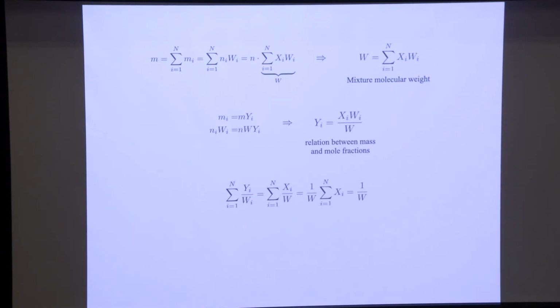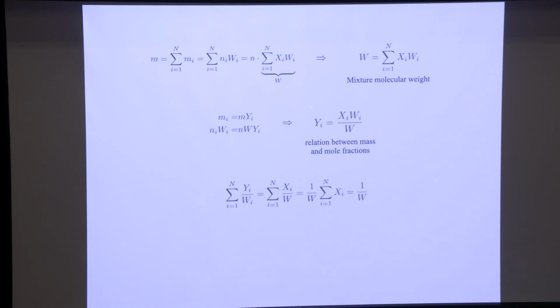I said that there must be a relation between mass fraction and mole fraction, and you can obtain this from the fact that the mass fraction is Mi divided by M, and the mole fraction is similarly Ni divided by N, and then when you introduce the molecular weight, you obtain the following relation that relates Yi to Xi.